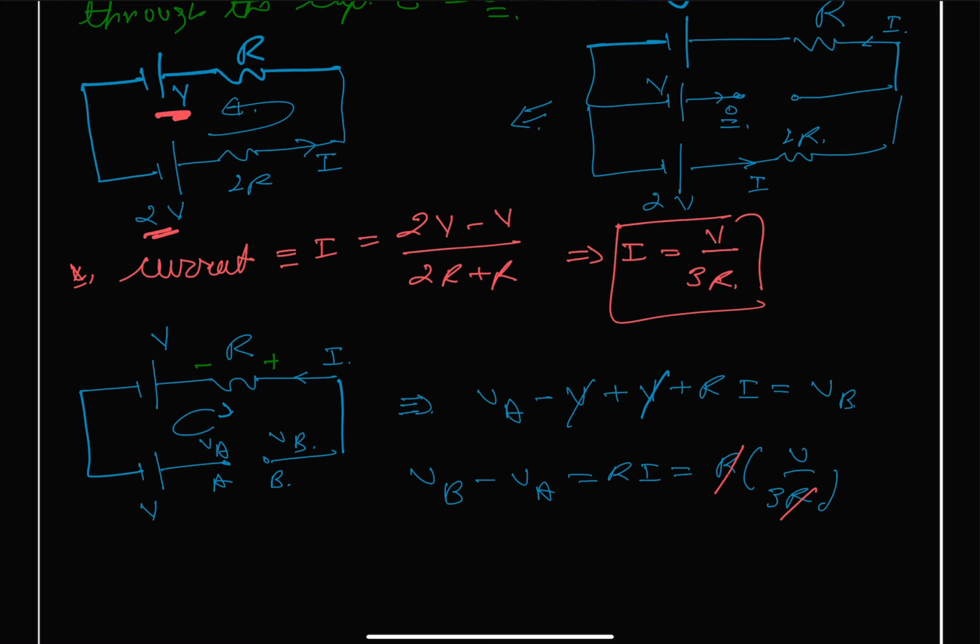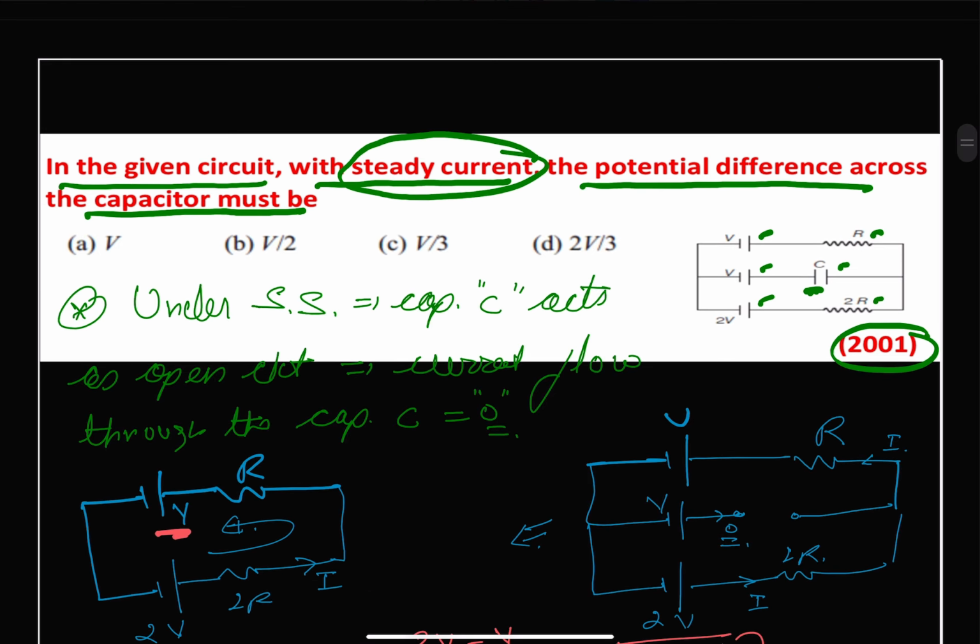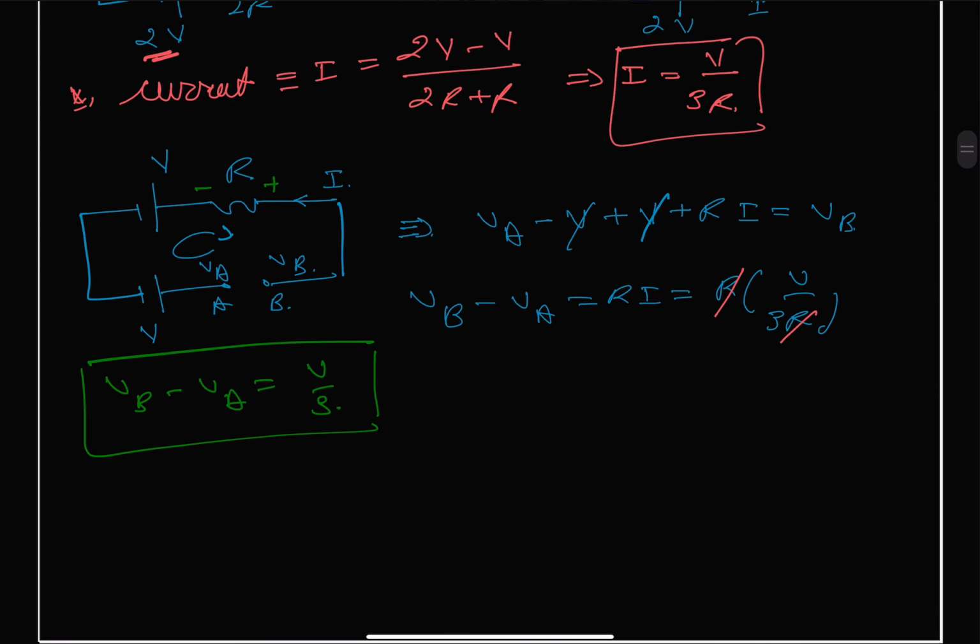R and R cancel out, so we get VB minus VA is equal to V by 3. So this is the potential difference across the capacitor. So we get option C as the correct option. Option C is correct.